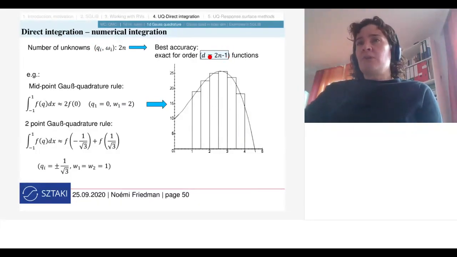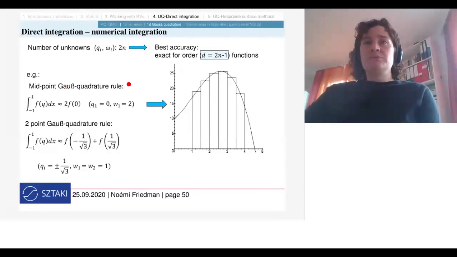So this is the optimal value of an integration rule: all polynomials up to degree 2n minus 1 can be integrated exactly with n number of points. And such a rule is the Gauss quadrature rule.